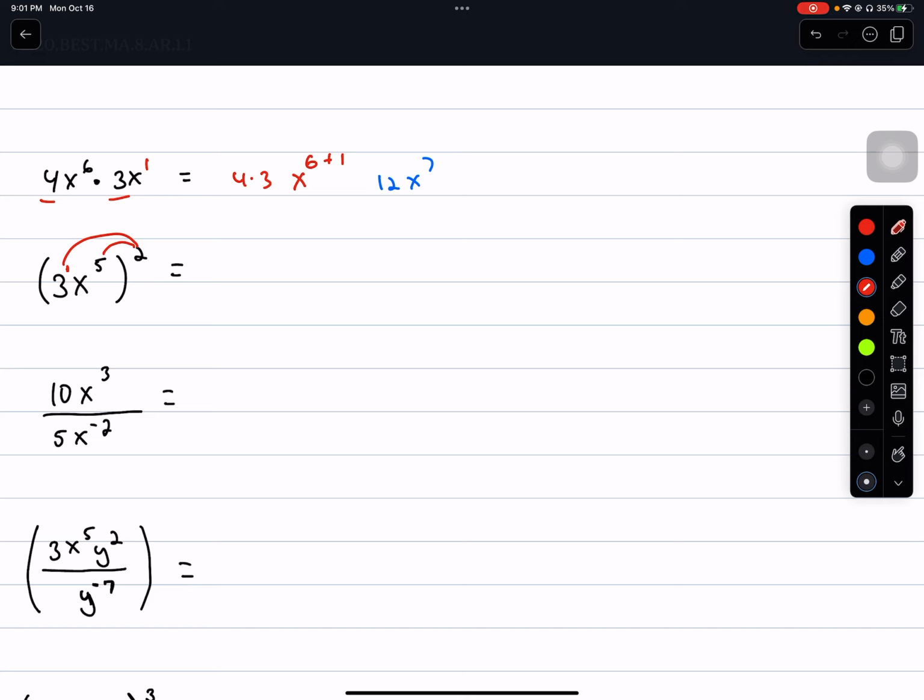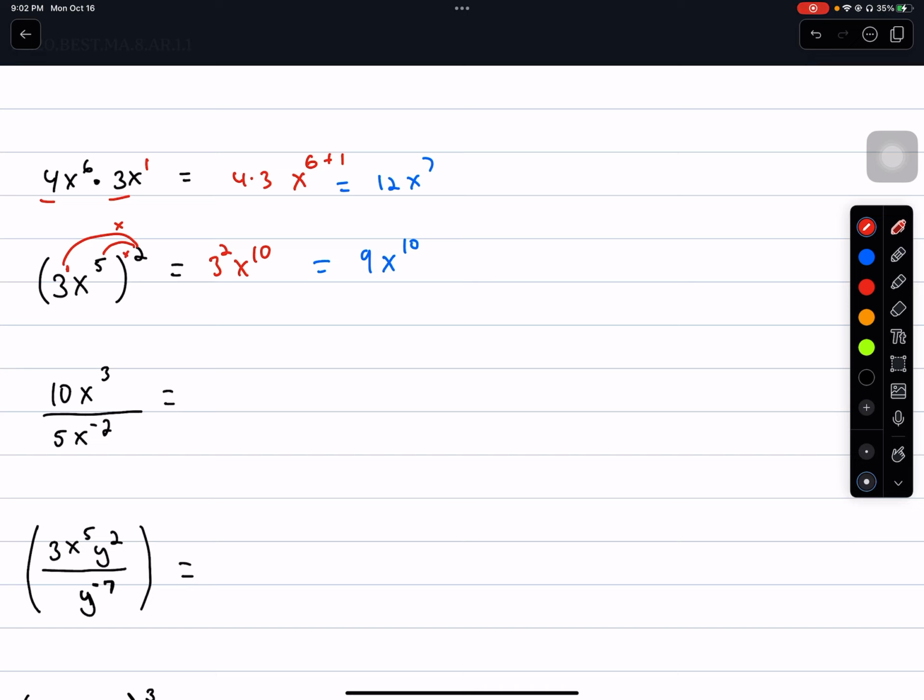So 3 to the 1 times 2, this is 3 to the 2nd power. 5 times 2, which is x to the 10th power. So we multiply here when we have the power for power rule. And then our answer is 9x to the 10.